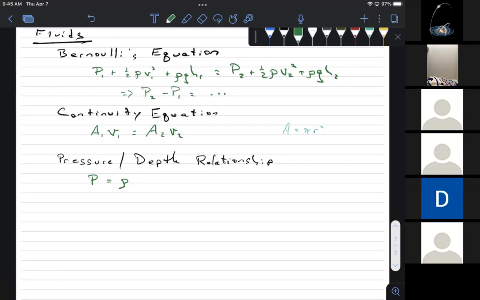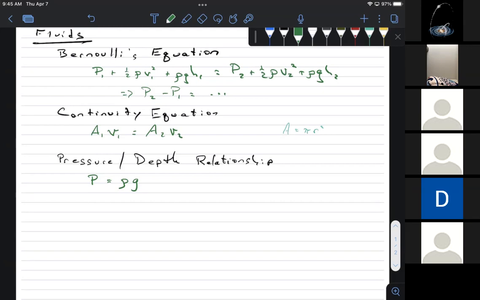Times g, which is, of course, when you're underwater, there's an amount of water above you being pulled down by gravity. And so that water is like being placed on top of you. You feel the weight of the water pushing down on you. And so it should, of course, depend on the kind of gravity we have here on Earth. If we're on a different planet, then we would have to use the gravity for that planet.